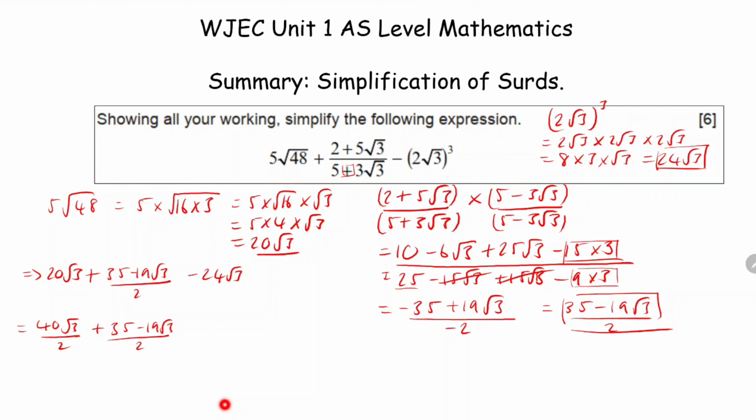And the last term would be minus 48 root 3 over 2. Now we have all of the terms over 2, so we can combine them as one single fraction. So that becomes 40 root 3 plus 35 minus 19 root 3 minus 48 root 3, all over 2.